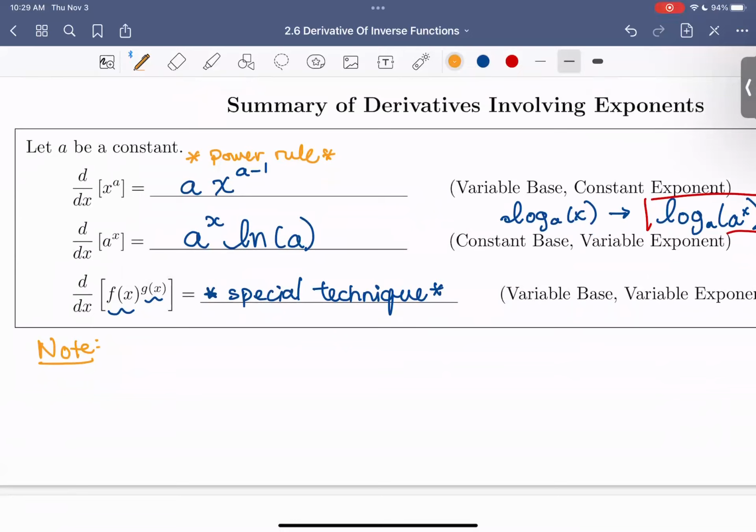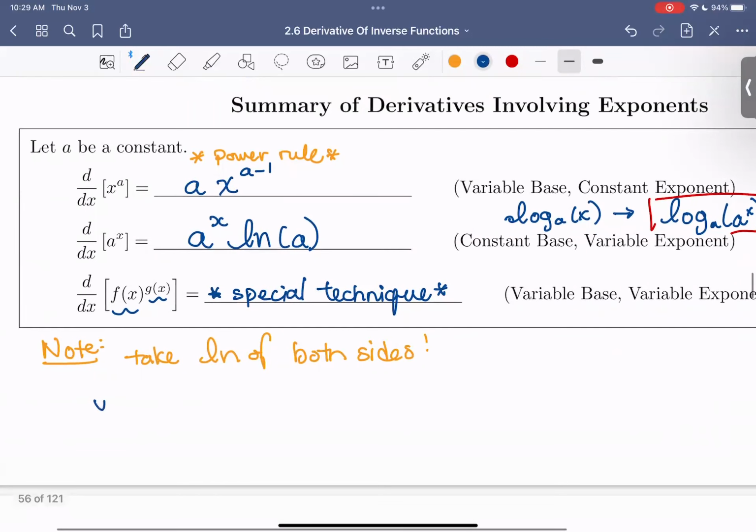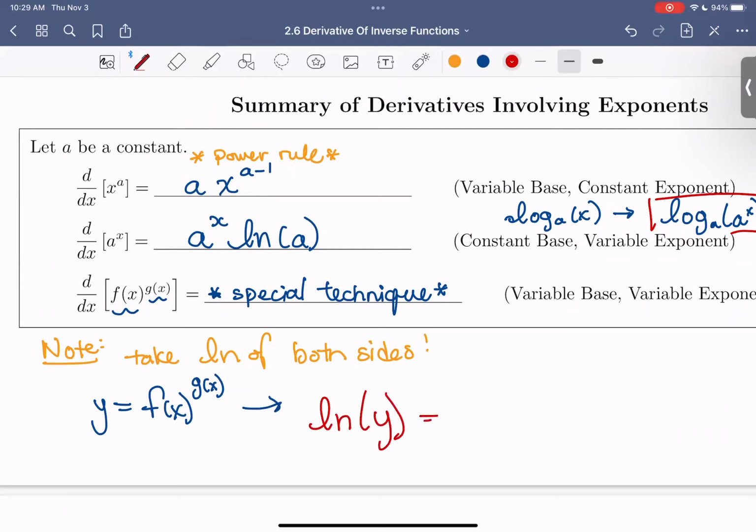So the technique is to take the ln of both sides. Just to give you a taste of what that looks like, if we start with y equals f of x to the g of x, then we take the natural log of both sides.